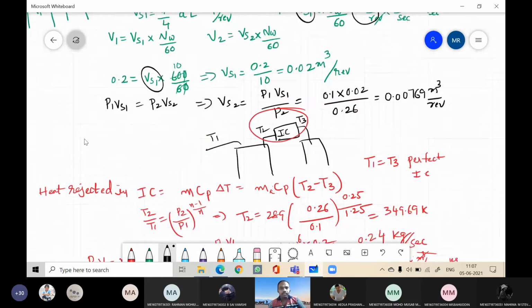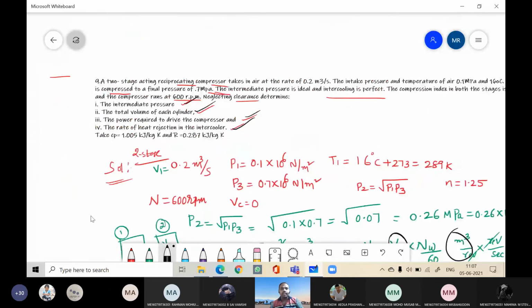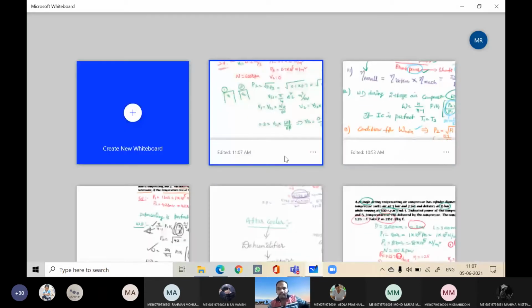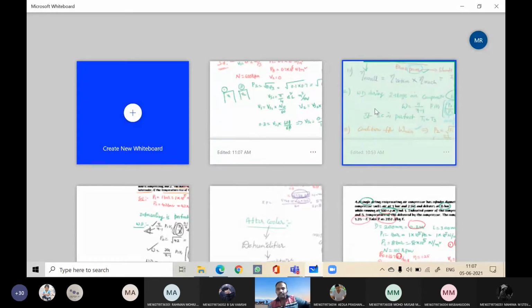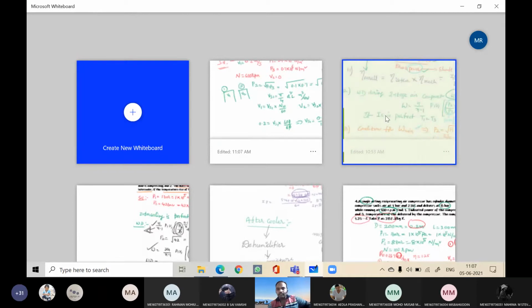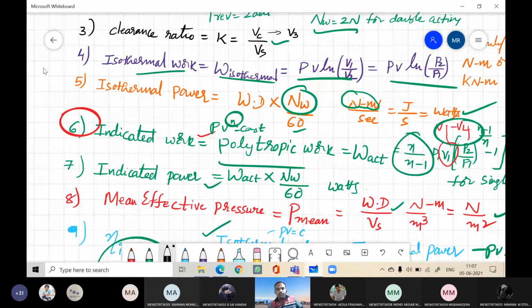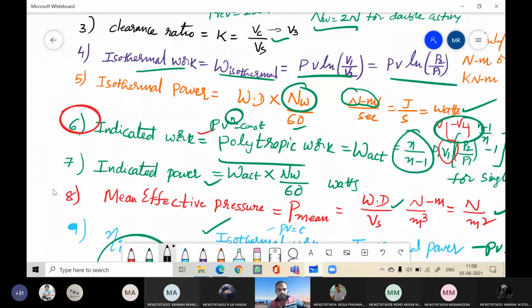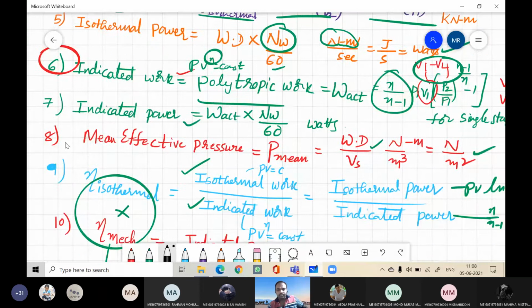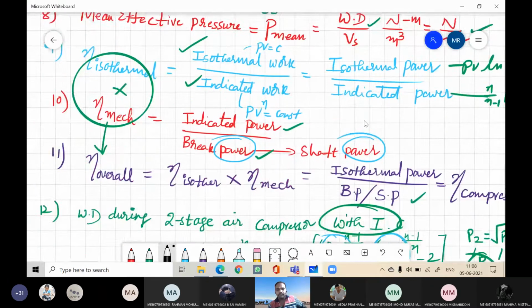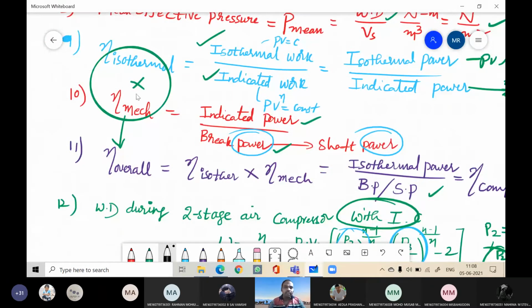One more thing here. If you see, one more is asking power required to drive the compressor, nothing but shaft power. But the data is insufficient because if you see the formula for shaft power, we require mechanical efficiency.